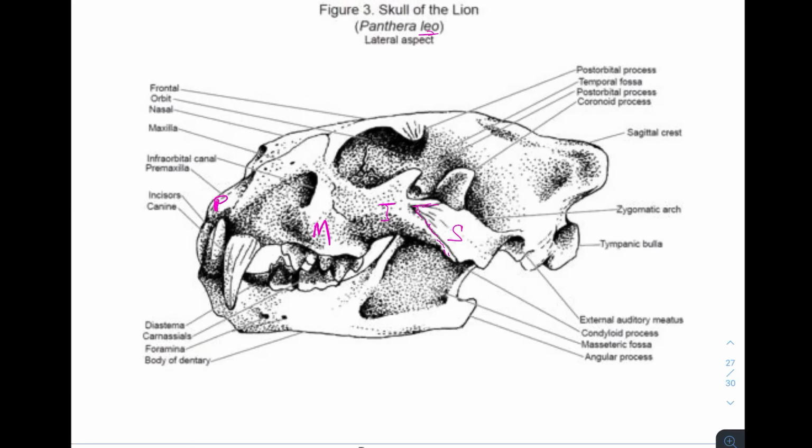And on top, you're going to find the nasal, the frontal, the parietal, and then back here, what you would find is the occipital. And on the bottom is, of course, the dentary or the mandible. And again, once you get to mammals, you can use either word interchangeably.